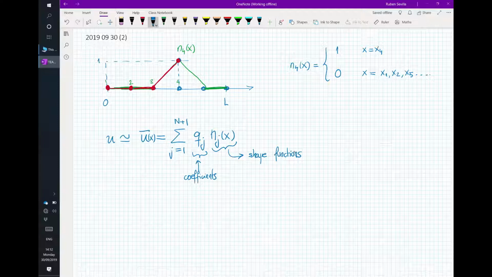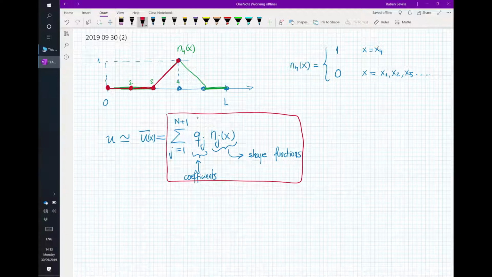If my objective was to find U, right, and I have defined this mesh, given the mesh, the shape functions are naturally described. Okay? If I put some points, automatically I know the shape functions. Do you agree? Because they are just given by the points. So, if my objective was to find U, what is my objective now? After I decided this kind of approximation for U, what do I need to find? This is 50-50, right?